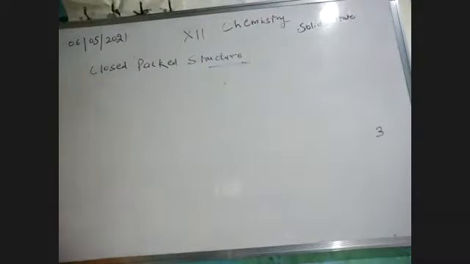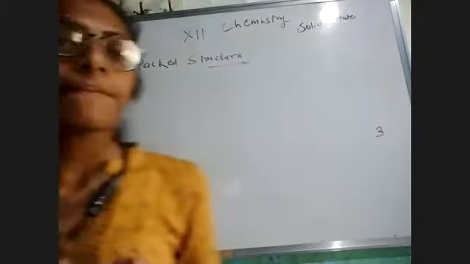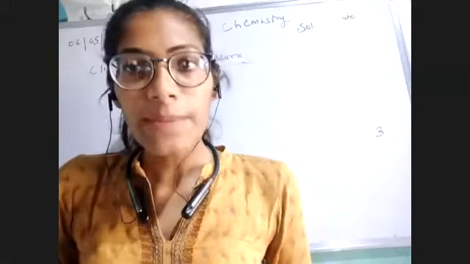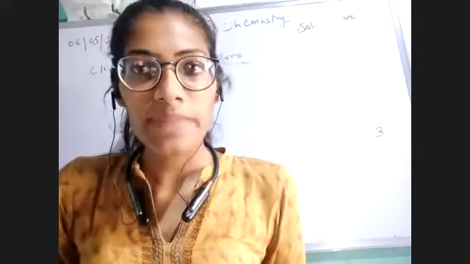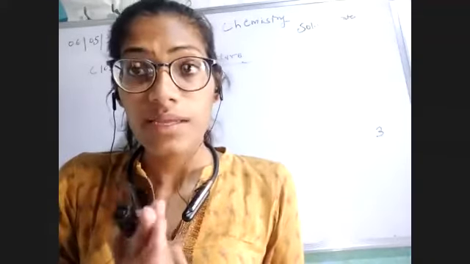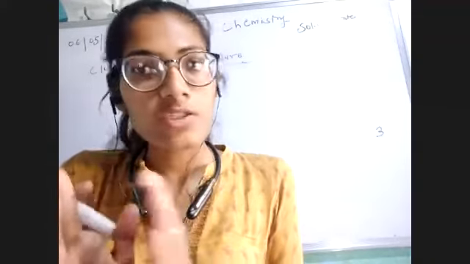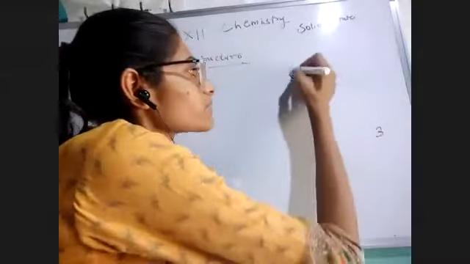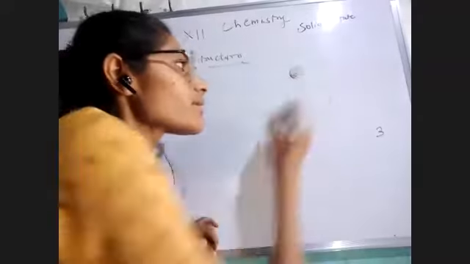Okay, in close packed structure, I have already told you that in chemistry we assume that all our atoms are behaving as spheres. That is, we can assume them as spherical atoms.